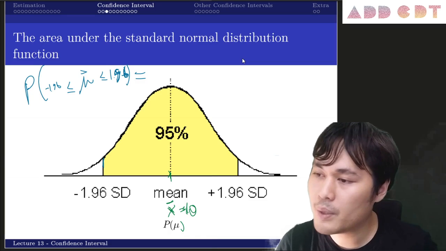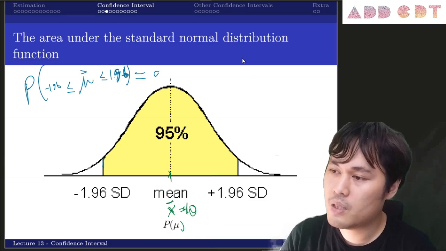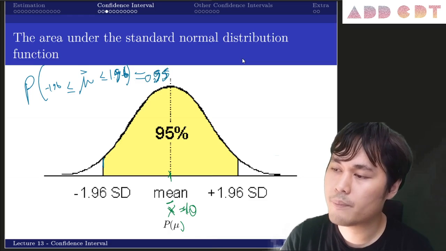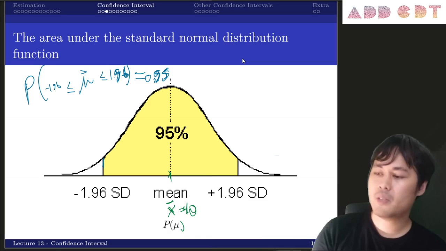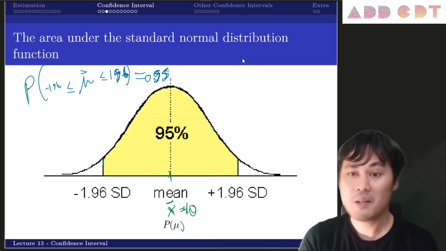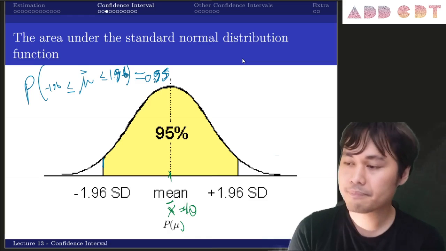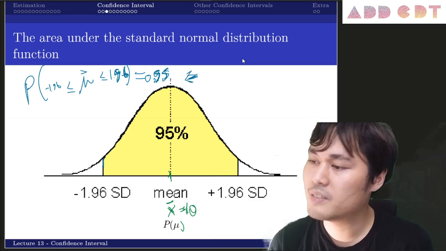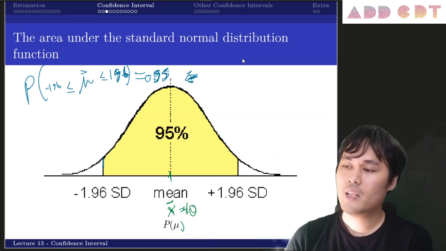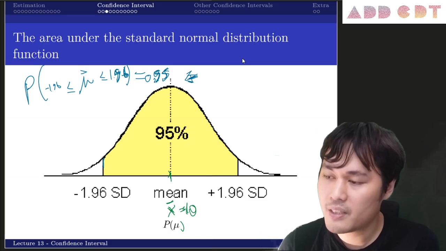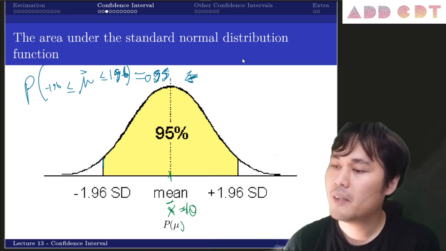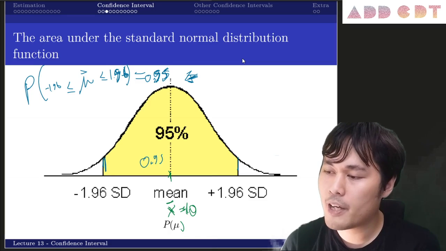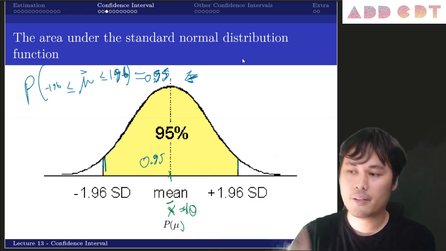The goal is we want that probability to be 95% or 0.95. We want to be correct most of the time. And by most, we usually pick some number, like 95%. If you want to be correct 95% of the time, then you want to get the area of 0.95 under this curve.